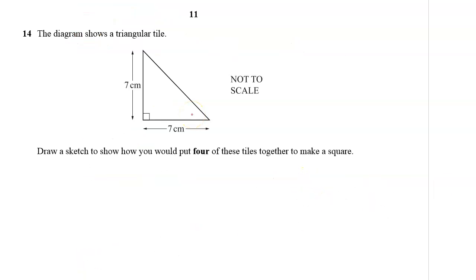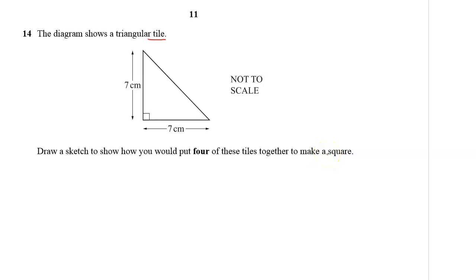Question 14. The diagram shows a triangular tile. Of course not drawn to scale, but it has got sides 7 centimeters and 7 centimeters, and it is a right angle triangle. Draw a sketch to show how you would put 4 of these tiles together to make a square.